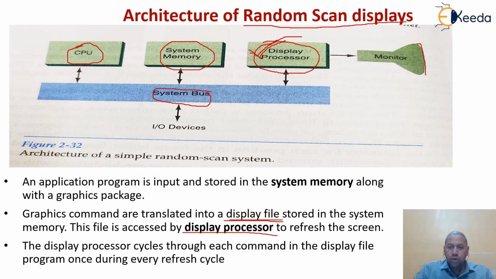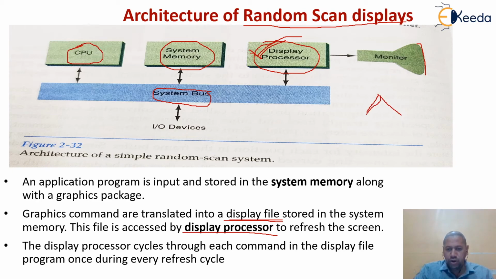Now, just now we have seen the example of a triangle where I am having 3 lines. So my display file has only 3 commands. One line, which I consider horizontal, and then 2 diagonal lines. Suppose I consider this as my triangle and I want to display it on the screen.